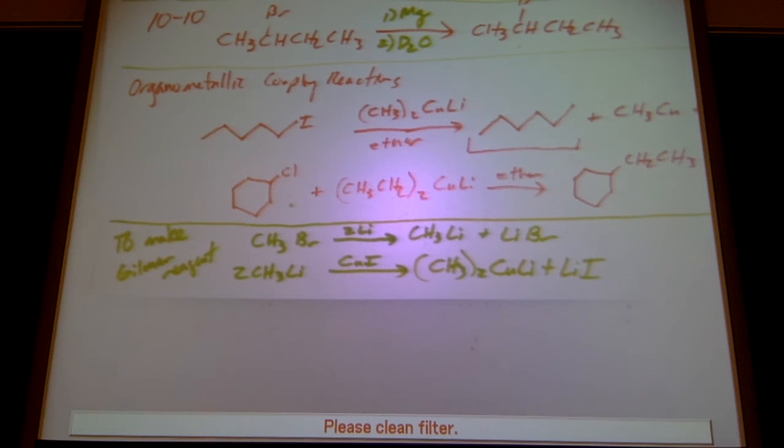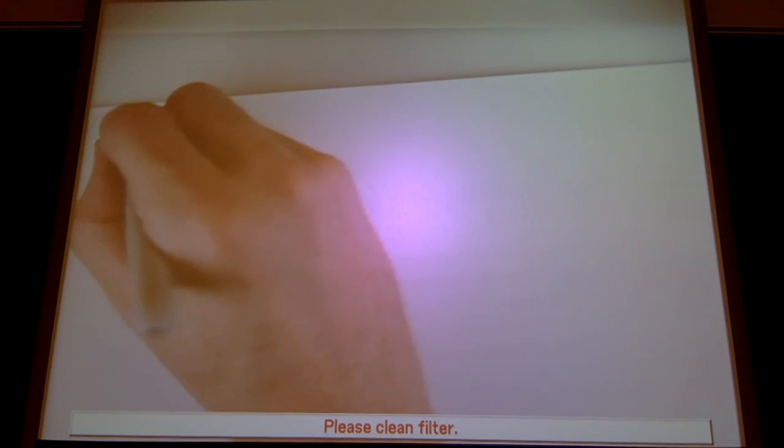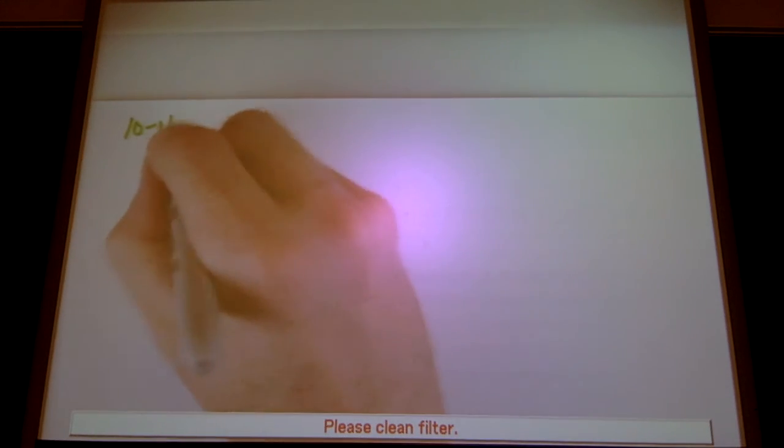Let's look at 10-11. It says, how would you carry out the following transformation using an organocopper coupling reaction?